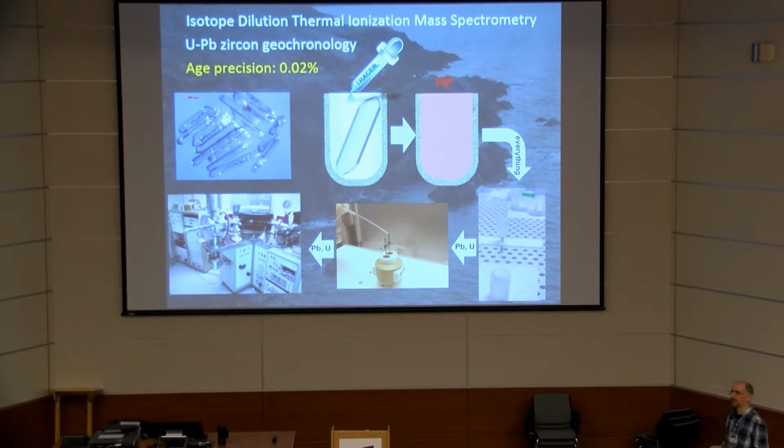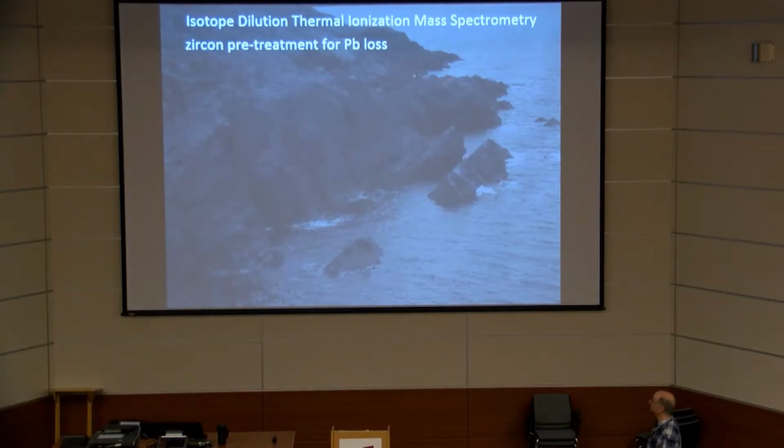Precision that can improve by an order of magnitude or better compared to laser ablation ICP-MS, ion probe, or other microbeam techniques. This is a really old technique, but it has gone through major improvements in the last 10 to 15 years.